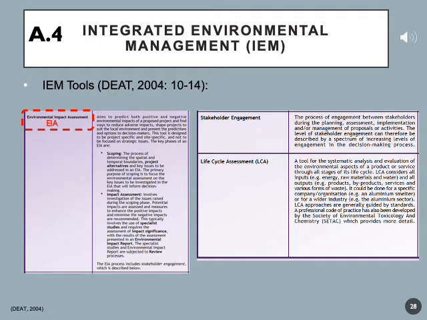LCA, as it's called for short, considers all the inputs, so raw energy, raw materials, water, etc., and all the outputs, which are the products, the byproducts, the services. It could be done for a specific company or organization, or for a wider industry, for example looking at the entire steel manufacturing industry or a sector as a whole.